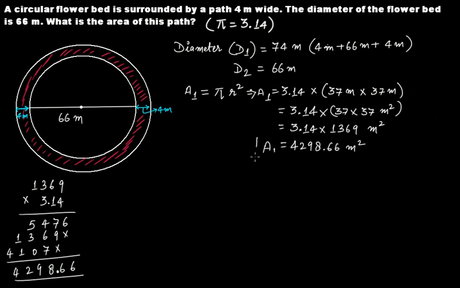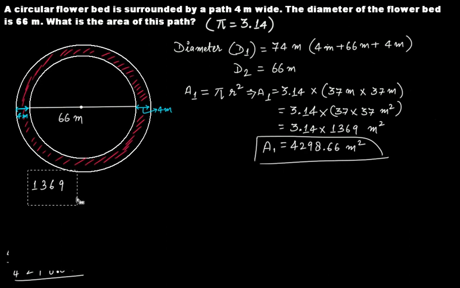This is the area of the larger circle. Now let's find out what will be the area of the small circle.